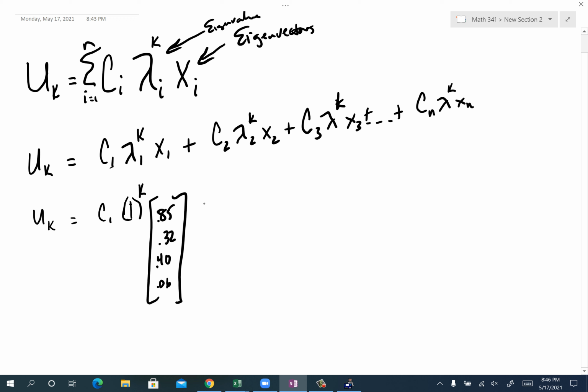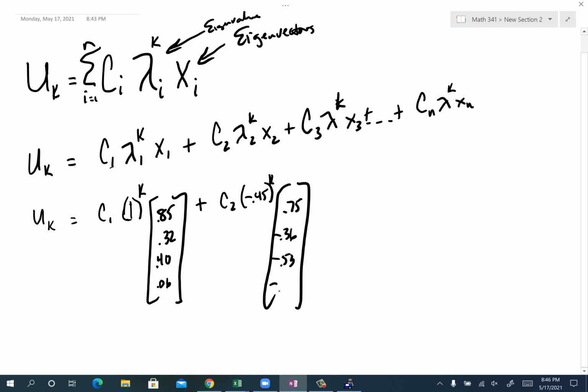Okay, good. Plus c2. And then my next one over is negative 0.45 to the k power. And then times, again, this is just the way I have them written, 0.75, negative 0.36, negative 0.53, negative 0.13.